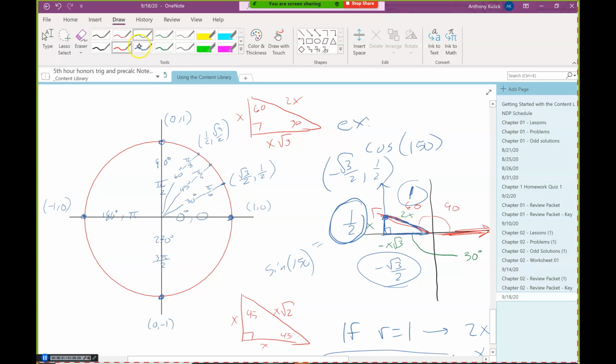And for our 45, 45, 90 triangle, both sine and cosine are going to be the square root of 2 over 2. Is everybody okay there?